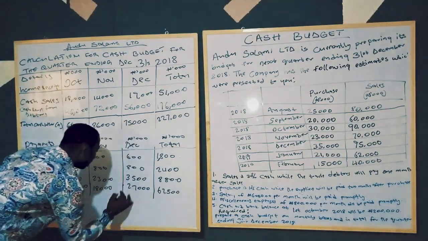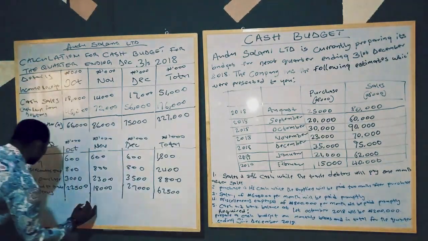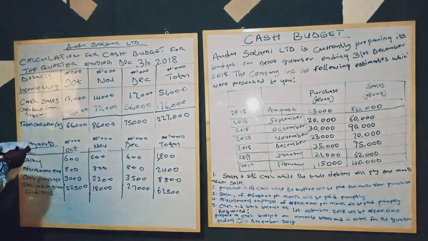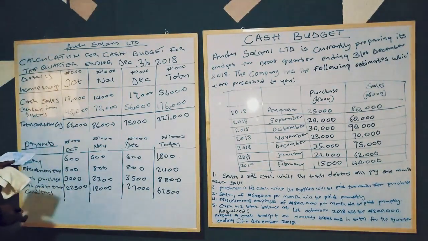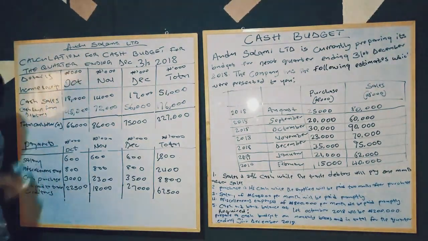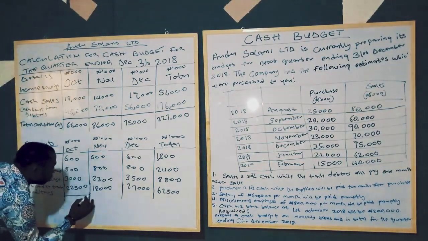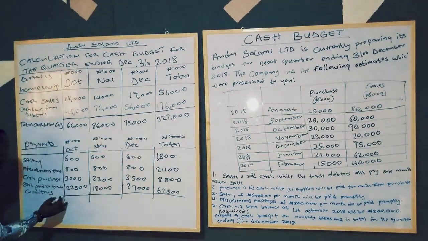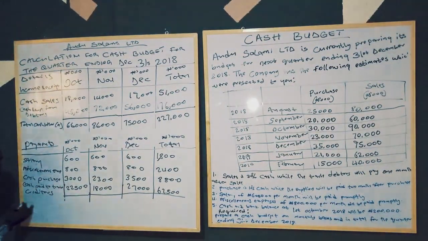Since there is no other thing to pay for, there is no other payment that we made. So when we add everything together, it will be our total cash outflow.